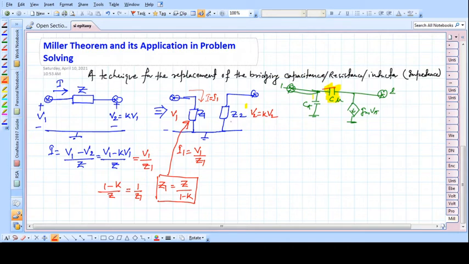Now similarly for Z2, what do we have to do? Again we have to write the current equation.